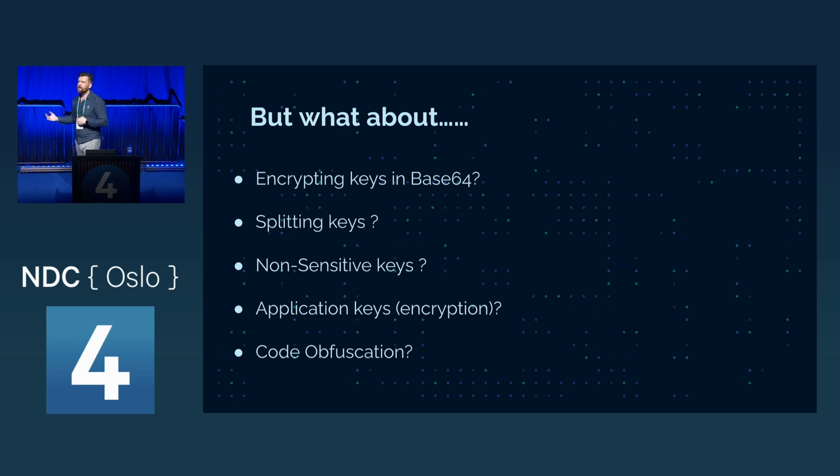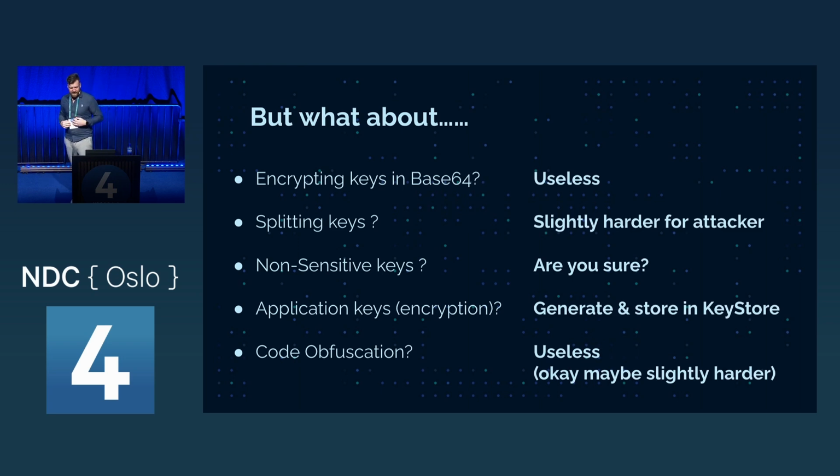An example I get of non-sensitive keys is, okay, it's just a Google Maps API key. What can you do? But actually, even with non-sensitive keys, you can still do a lot, depending on how non-sensitive they are. Application keys, we've talked about that. These are the ones the application actually creates. And then people are like, what if we obfuscate our code so that no one can see what's happening?